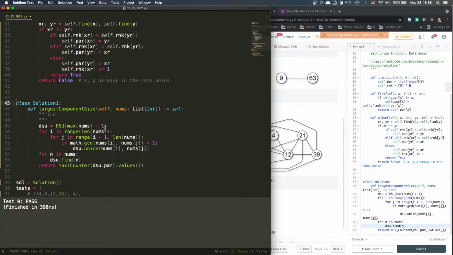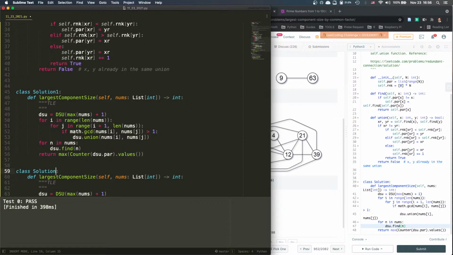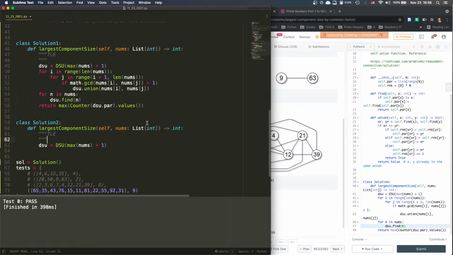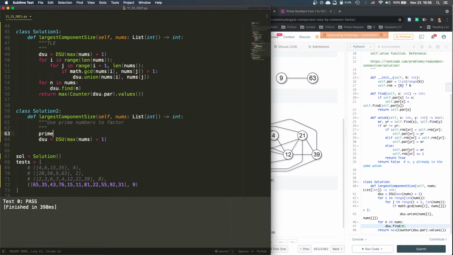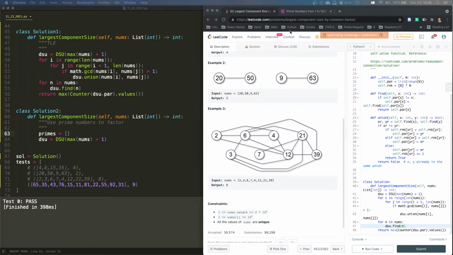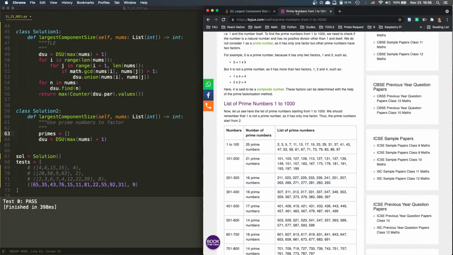Let's go to solution number 2. All right, so basically it's the same idea. We're gonna use prime numbers to factor. So primes. All right, now we're going to copy and paste all the prime numbers. So we have, what do we have? We have these.